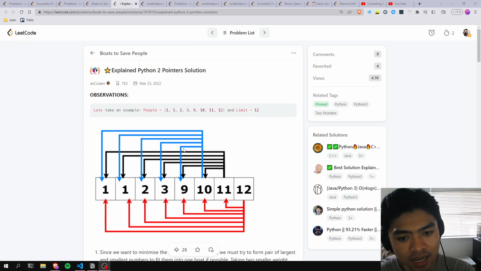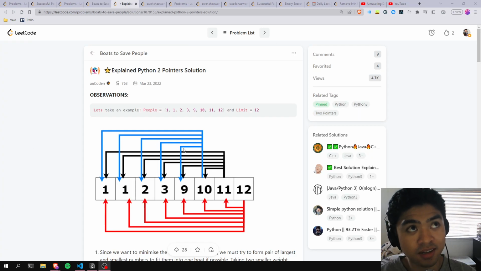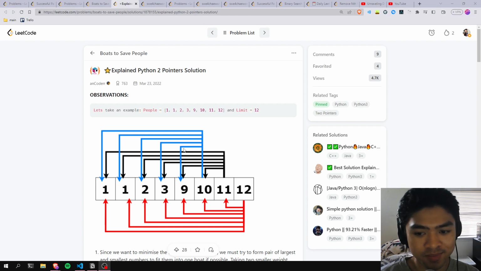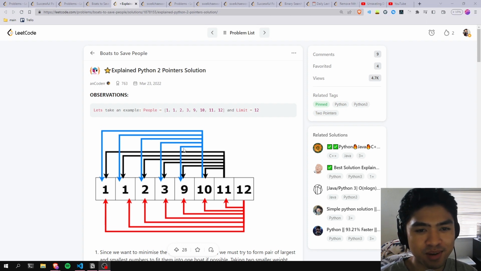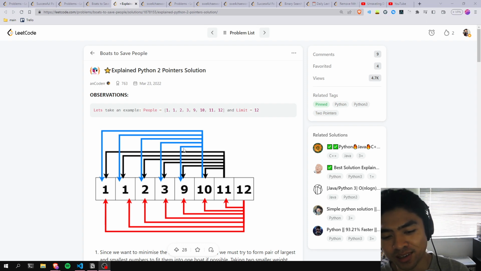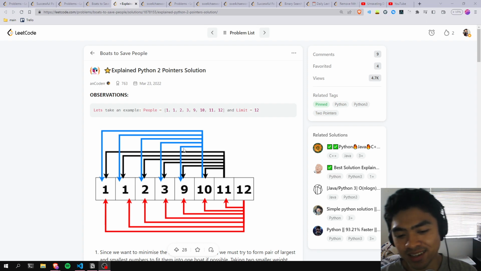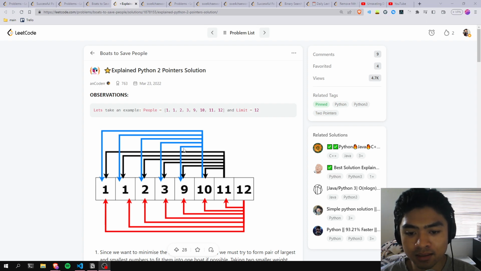All right, so I was bummed out. I didn't know how to fix my problem, so I went to the solution section and found this solution, and it makes total sense. The way I was thinking about it was to have a pointer at the right and find the tightest pair.